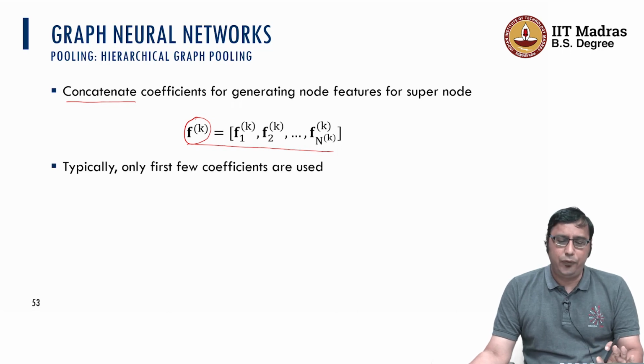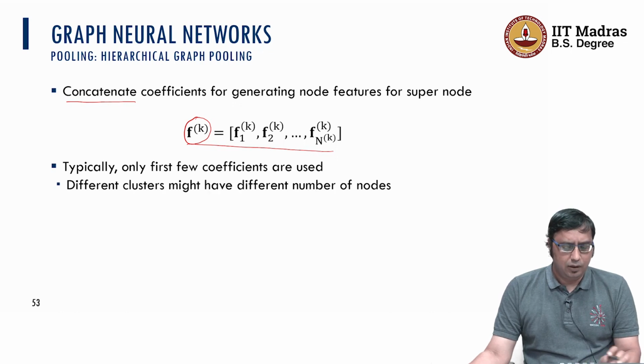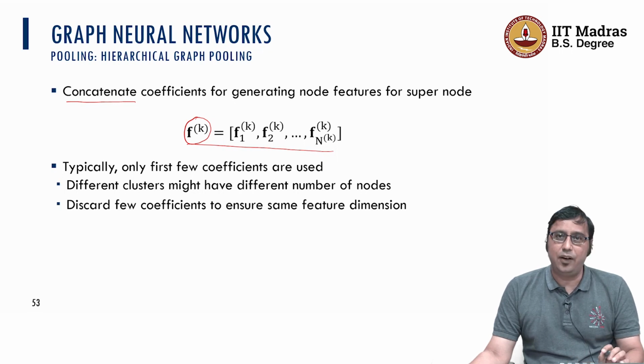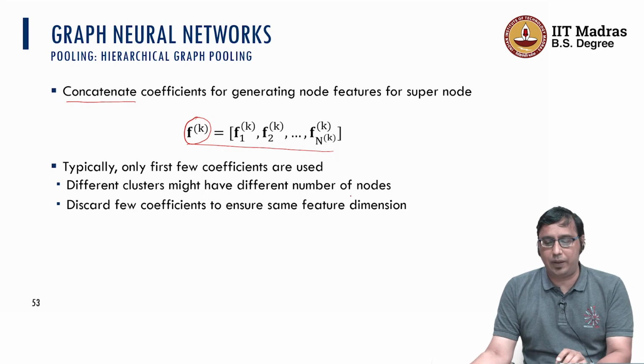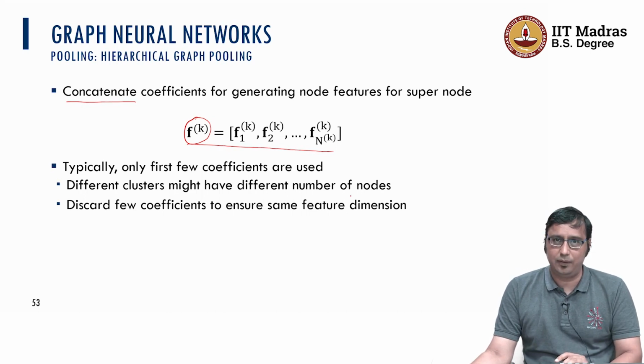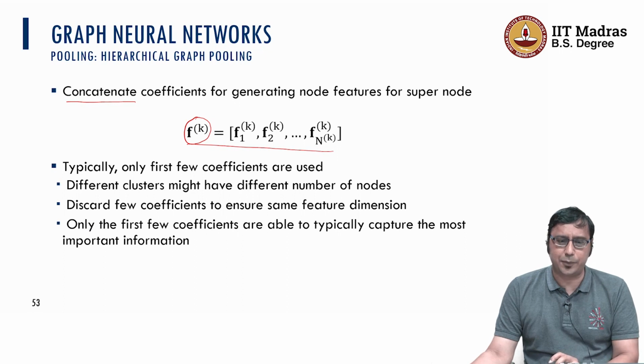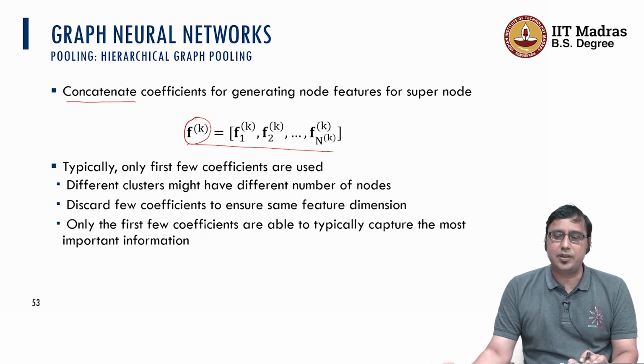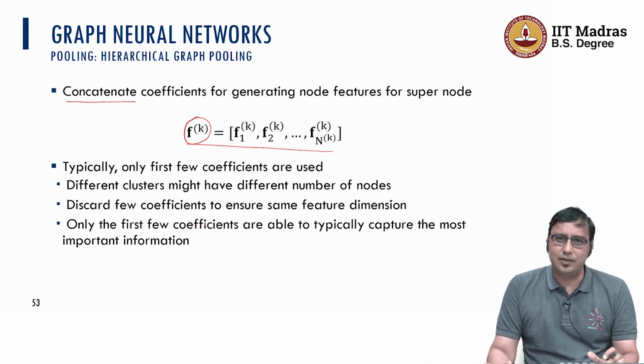Hence, typically only a few coefficients are used when we define features for the supernodes. As I told you, different clusters might have a different number of nodes, so discarding a few coefficients will ensure that all of them have the same feature dimensions. Also, one important aspect is that the first few coefficients typically capture the most important information about those nodes, so having a larger feature vector is not going to be much more informative.